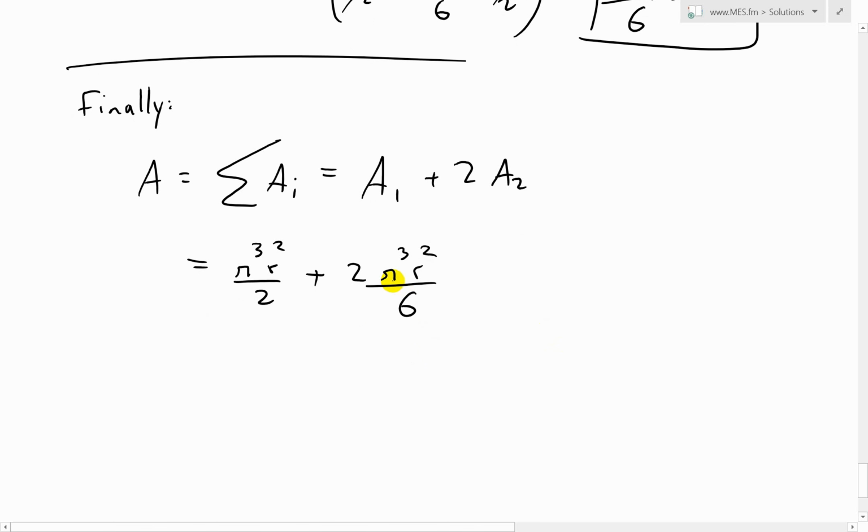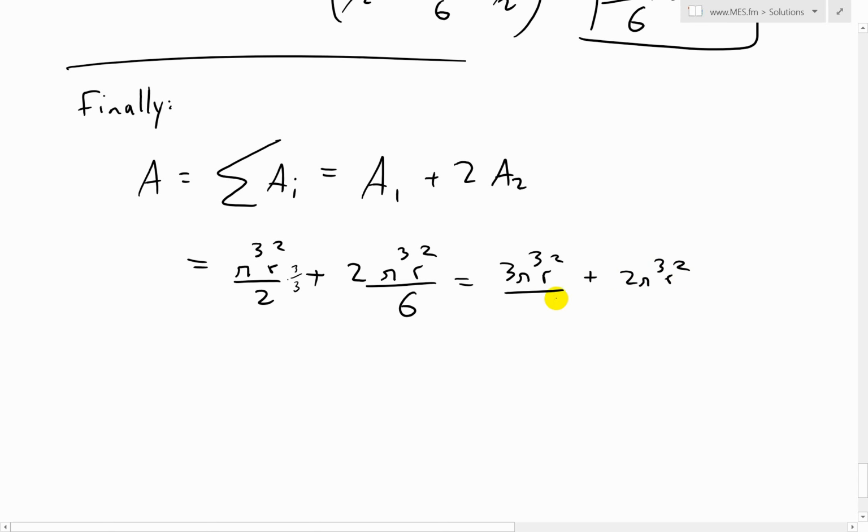Now notice we have pi cubed r squared in both. The common denominator would be 6 if we multiply this part by 3 over 3, so we end up having 3 pi cubed r squared over 6, plus the other term over 6.